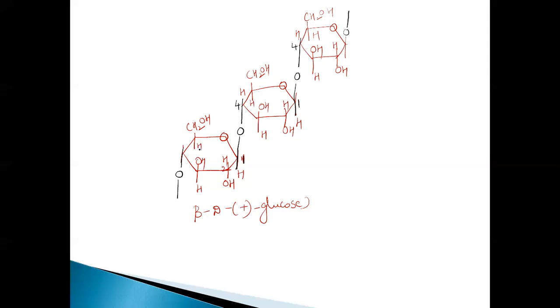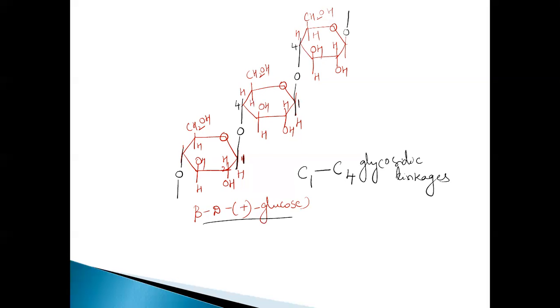And what are the structural units here? Beta D plus glucose units, which are linked to one another by means of a glycosidic linkage between C1 of one and C4 of another. So what type of linkages? C1, C4 glycosidic linkages we can find in cellulose, which is found exclusively in plants. So the cell wall of plants is made up of this cellulose.